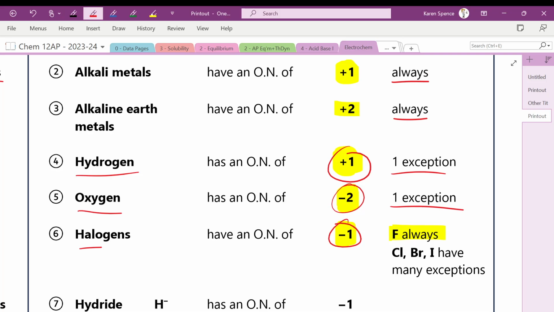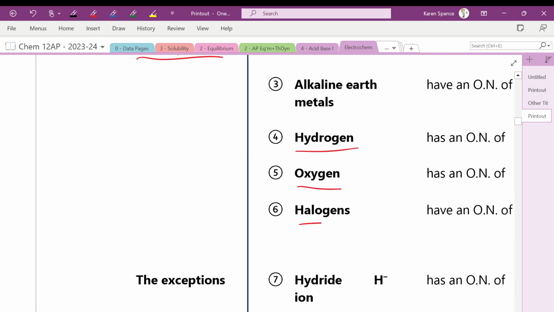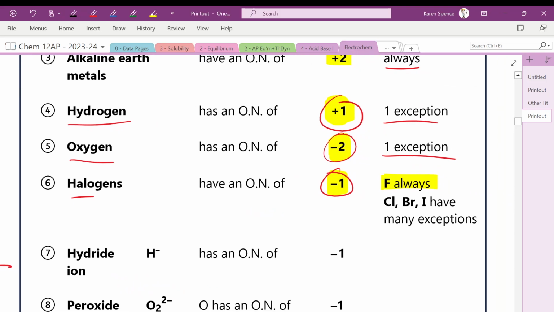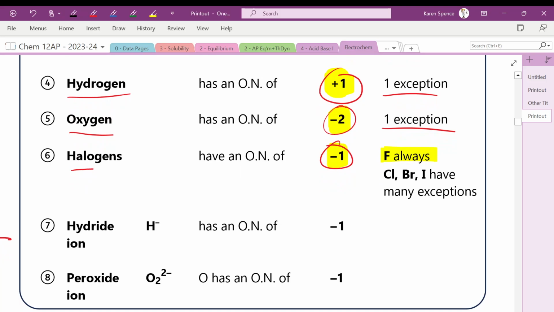All right, so here are our exceptions. Hydride ions, H-, have an oxidation number of -1. And the peroxide ion, O2 2-, has an oxidation number of -1.